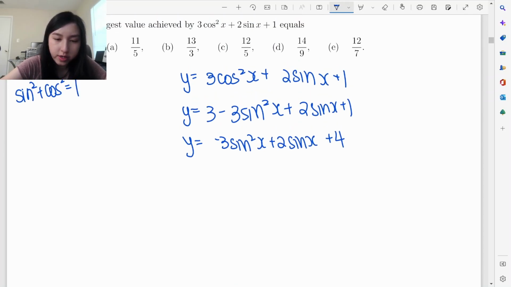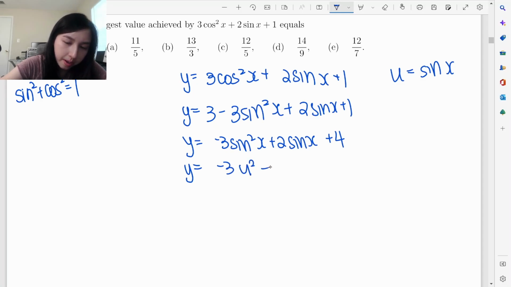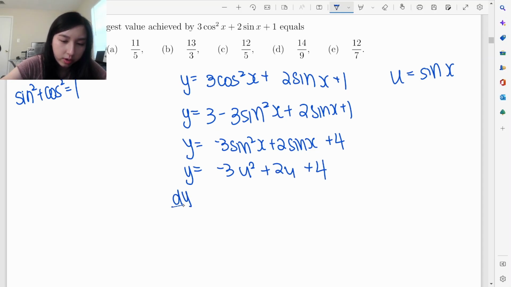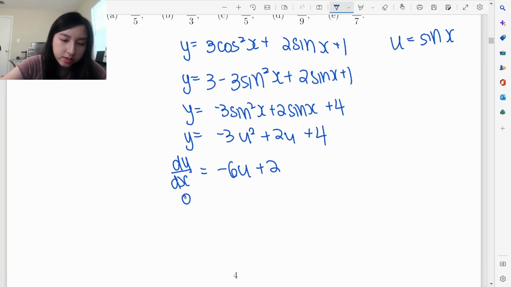Gonna have to differentiate. So we'll use a substitution. u equals sine x, negative 3u squared plus 2u plus 4. If they want the largest value, we probably are going to do dy over du. dy over du is negative 6u plus 2. So when this is 0, u would be 1/3.